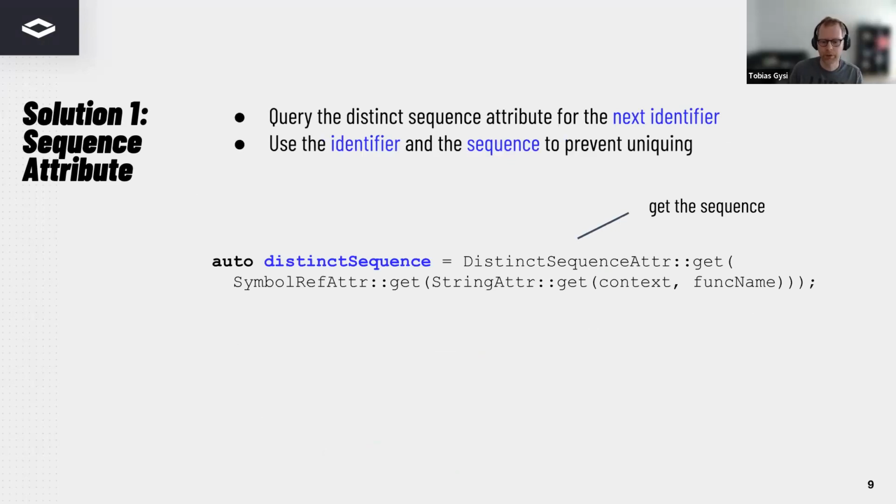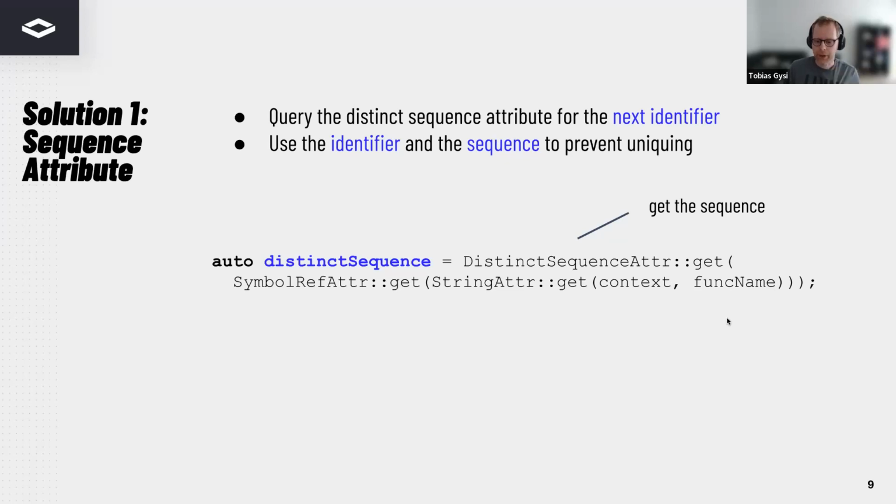In the code, let's say we're in the inliner and we want to generate a new alias scope or domain attribute. What we would do is first get the distinct sequence for the function we are in. So we call this distinct sequence attribute with the function name as a parameter.